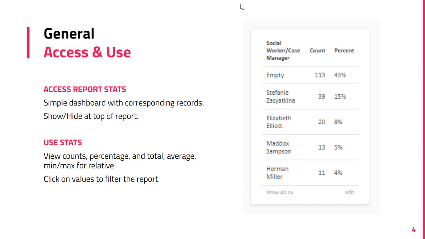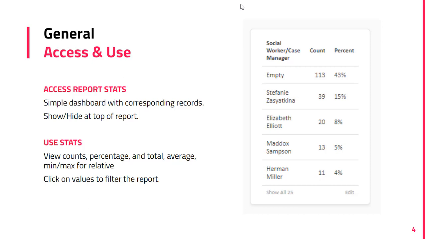So you can think of report stats as a very simple dashboard. Below the report stats will be the report that the report stats are based off of, which will be all the corresponding records. At the top of reports, there's a little link that you can use to show or hide the report stats.